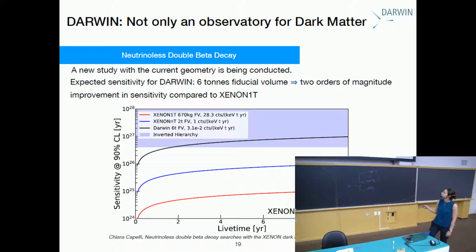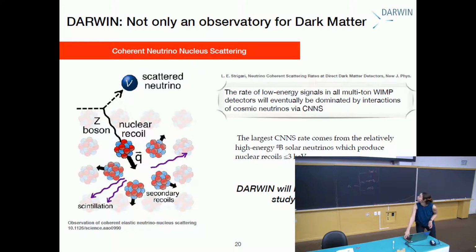Here we can see XENON1T, XENONnT, and finally here DARWIN with 6 tons of initial volume. Why 6 tons? For neutrinoless double beta decay, you don't win that much by fiducialization, given that you are studying this high energy region. It's not like WIMPs, where we study the low energy region in which, by having our shield made from xenon, we gain a lot in sensitivity.